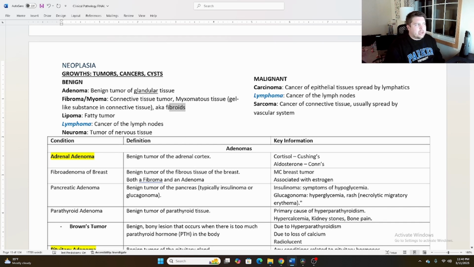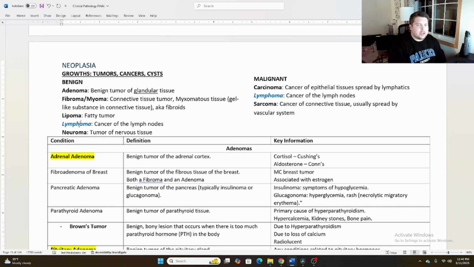You can also call them fibroids. You can see just a couple of different AKAs in there. It all means the same thing. Lipoma, uncommonly asked, that's a fatty tumor. Lymphoma, these are the one funky ones where they can technically be benign or they can be malignant, so we need to pay attention specifically to those ones.